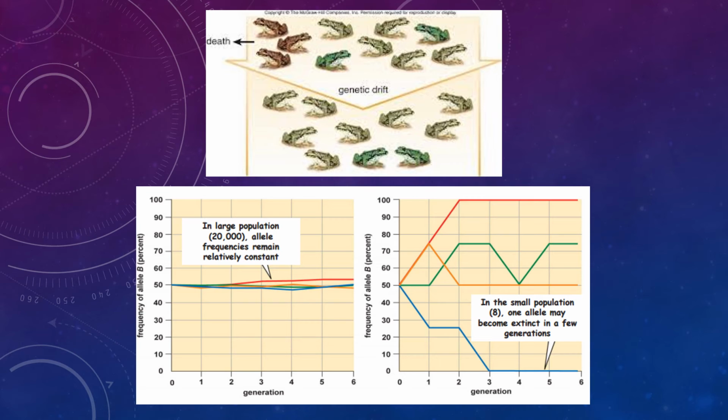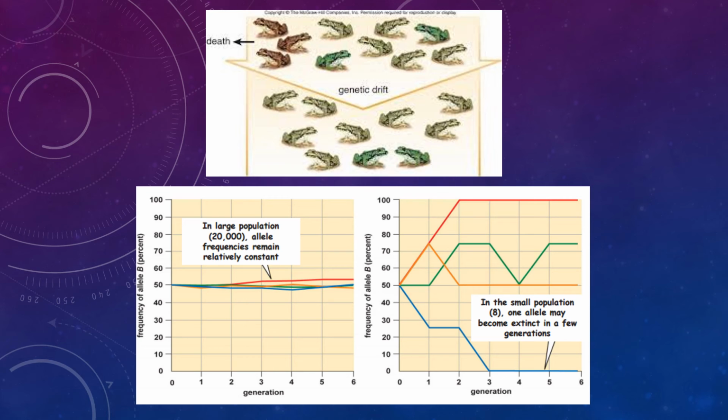In the charts down at the bottom, you'll see that genetic drift can have an effect, whether large or small, and it all depends on the size of the population of the species, right?